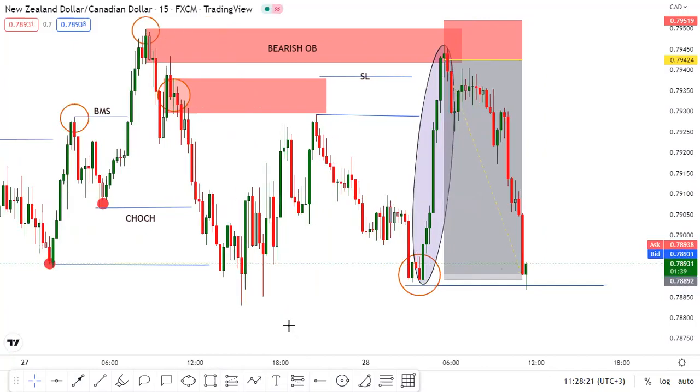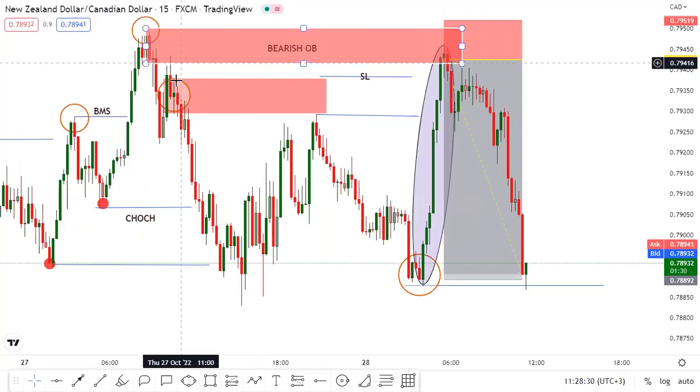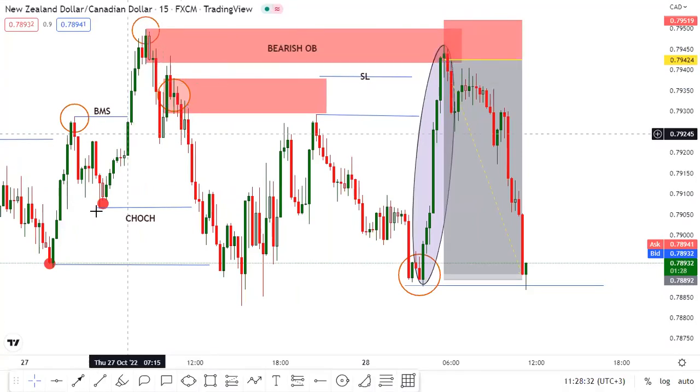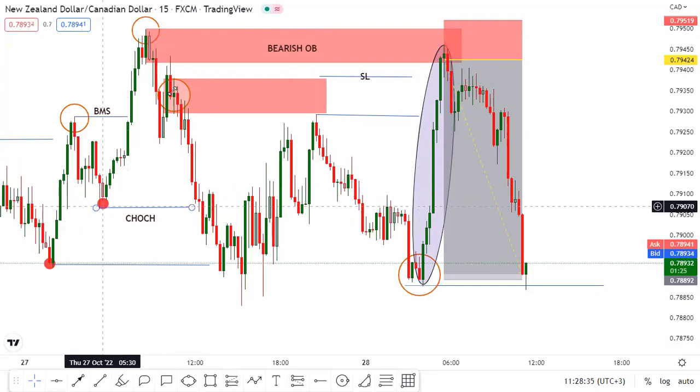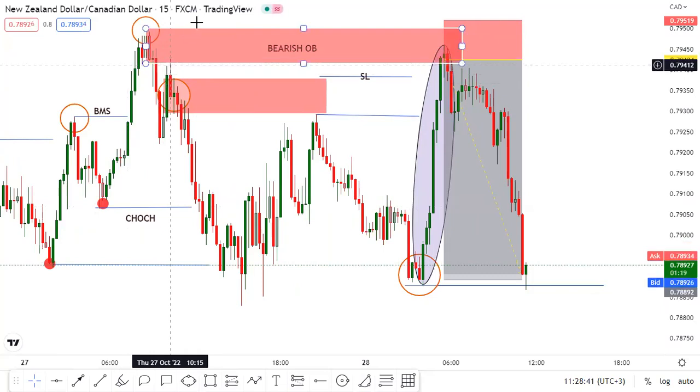This was an area of great risk because we have not seen a change of character here. Its change of character has not been broken. This higher low was not broken. Now we cannot say this is an area for us to sell. If we try to sell here, sometimes we can get stop hunted because the market can continue to go higher.